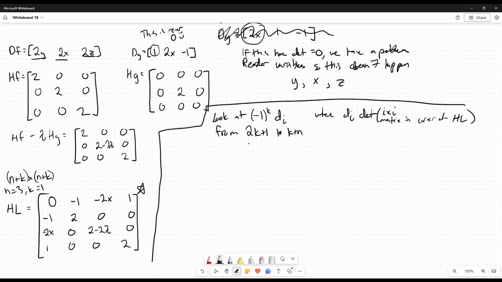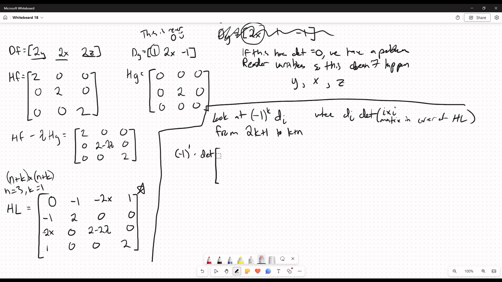Well, first we'll have negative 1 to, in this case, k is 1, so this will be negative 1 to the 3 times the determinant of the upper 3 by 3 matrix. I put that wrong thing here. That exponent should just be k, and k in this case is 1. But we are going to look at the upper 3 by 3 matrix, so we are looking at D3 here.